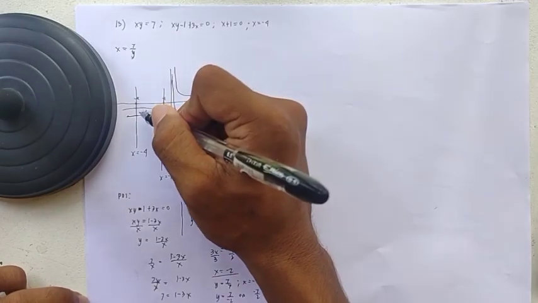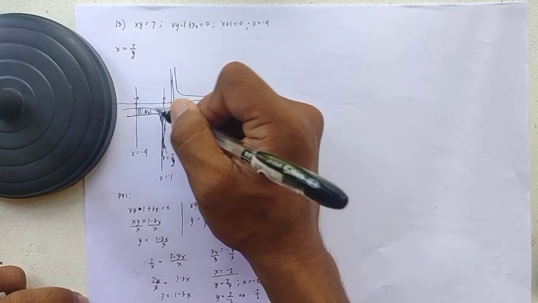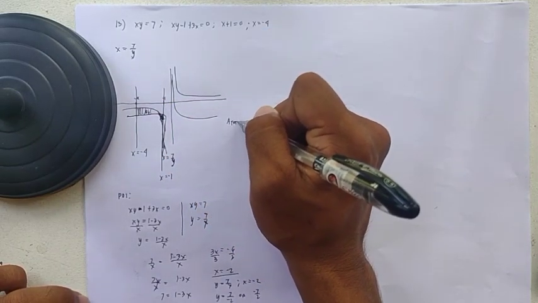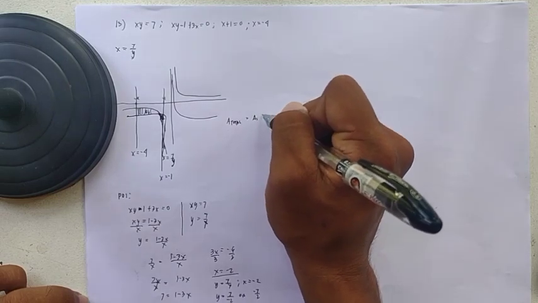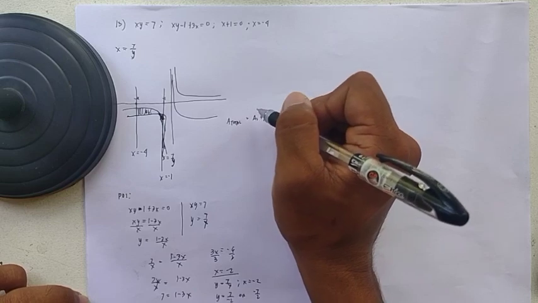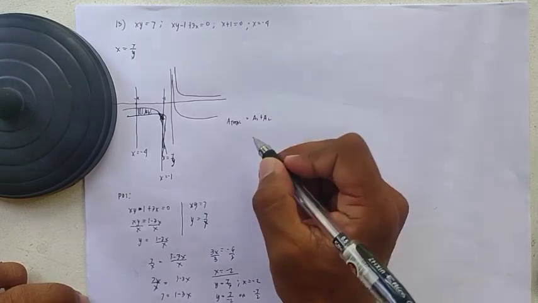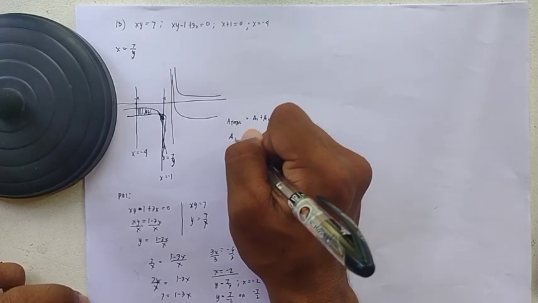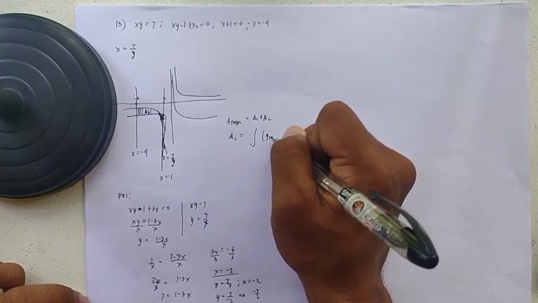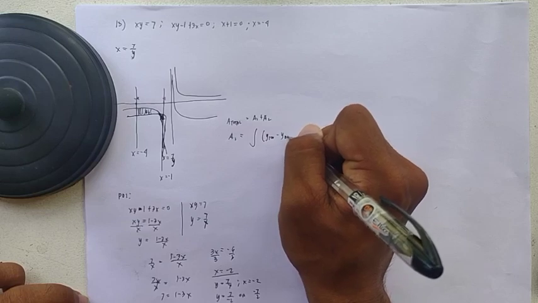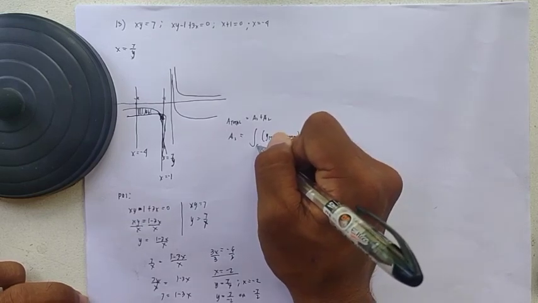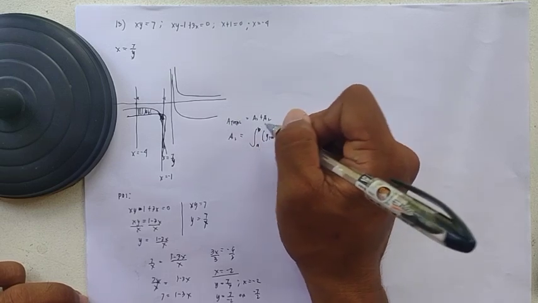So, kapag ito yung area 1 at ito naman yung area 2, so magiging A total is equals to area 1 plus area 2. Since dito, kailangan muna nating hanapin yung area 1. So, yung pagkuha sa area 1 is equals to the integral of y top minus y bottom dx from A to B, yung boundary po natin.